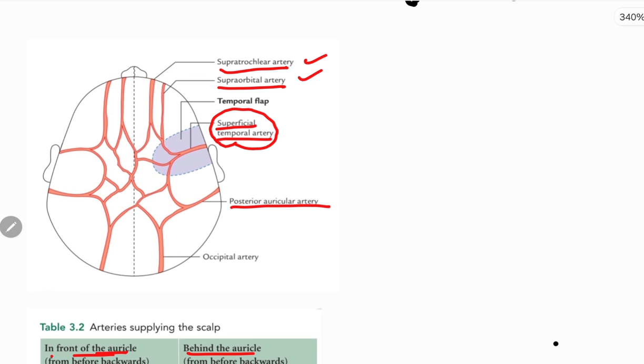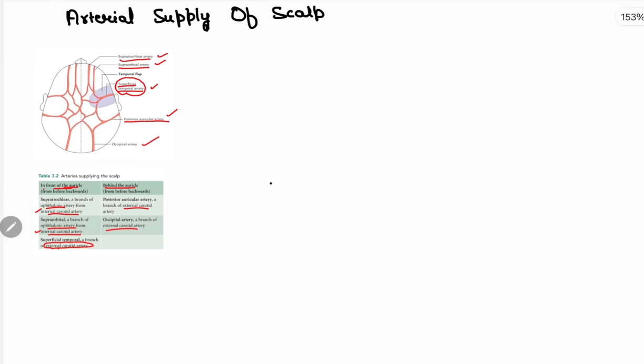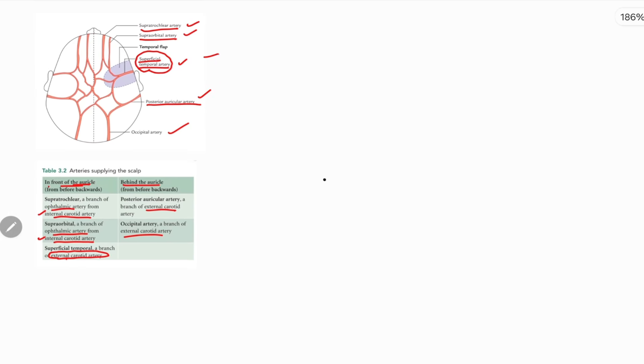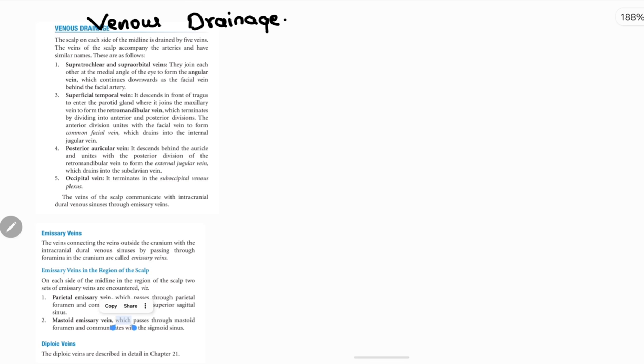So these are from the ophthalmic branch of the internal carotid artery, and these are branches of the external carotid artery. So these three arteries come from external, and two arteries come from internal carotid. Teamwork between two big systems, we can say.